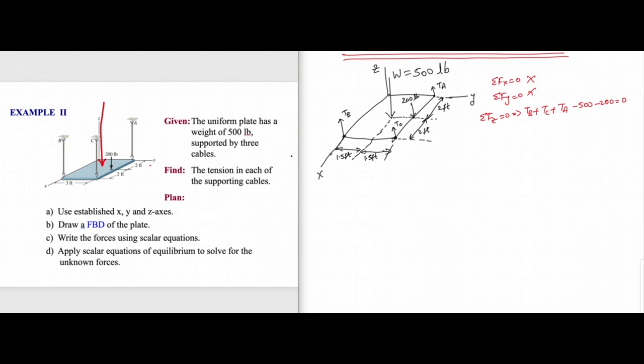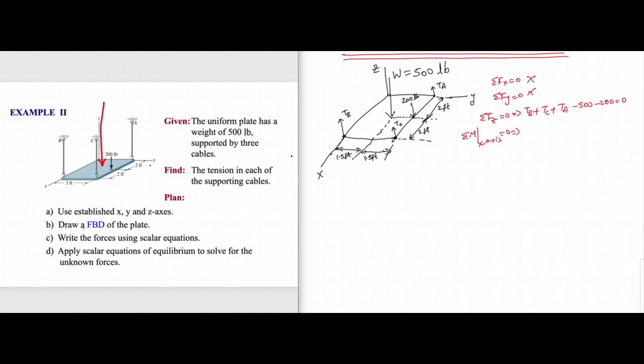And sum of moments with respect to x-axis should be 0. Tell me all the moments with respect to x-axis. TB has no effect because TB lies on x-axis and is perpendicular to x-axis.